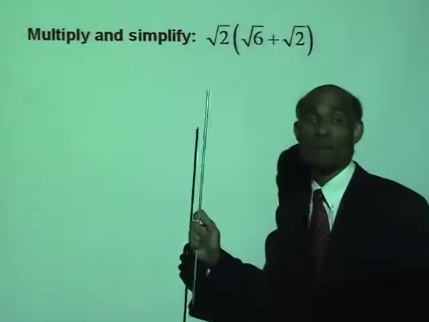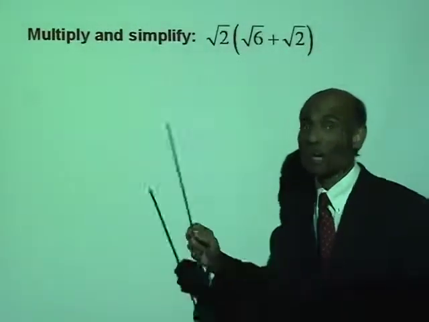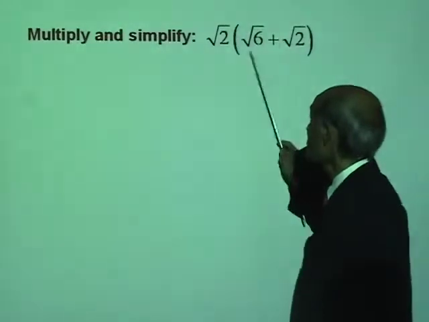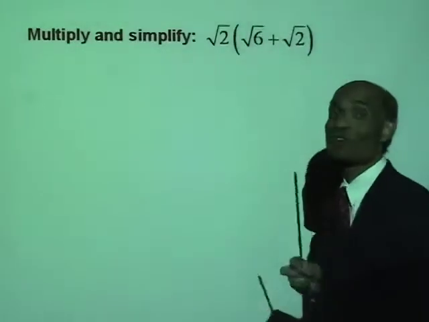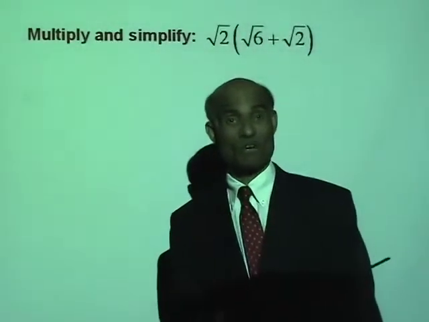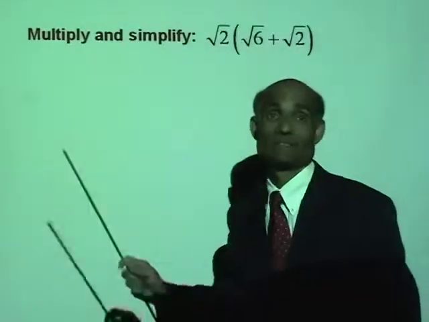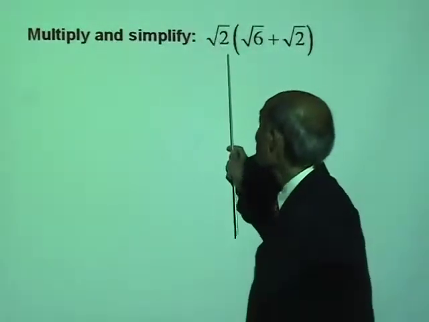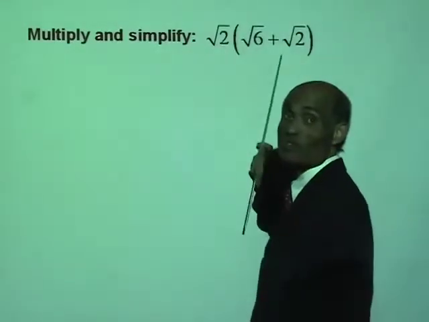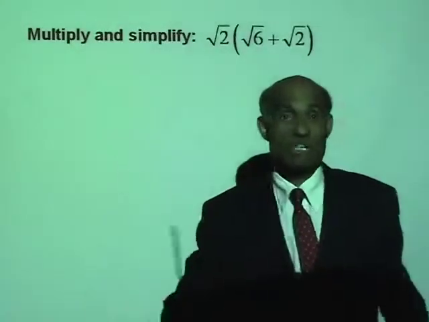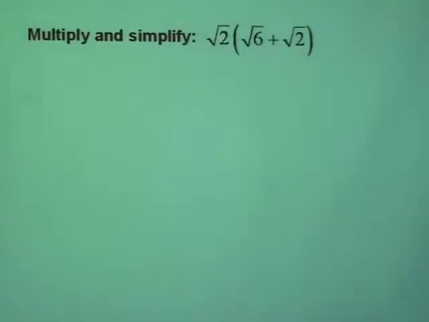Multiply and simplify. Now this is different this time. Square root 2 times parenthesis square root 6 plus square root 2. What do we do here? Well, of course, we distribute the square root 2. Isn't it just like the algebraic expression x times x plus p?